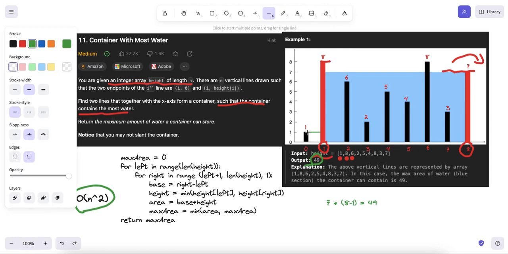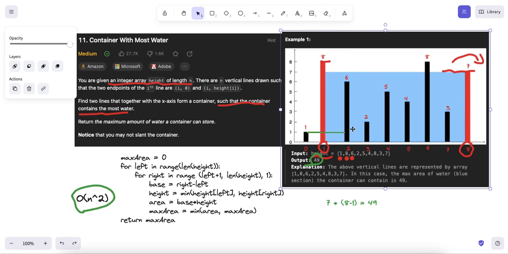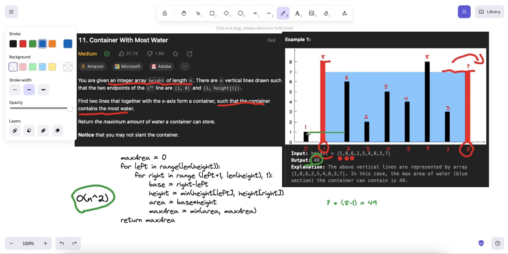Then we have the next rectangle going from line 0 to line 2. And this would continue for all of the rectangles. For example, we would then have the rectangle going from line 0 to line 3, and so on. We would calculate the area of all of these rectangles and find the one with the greatest area.